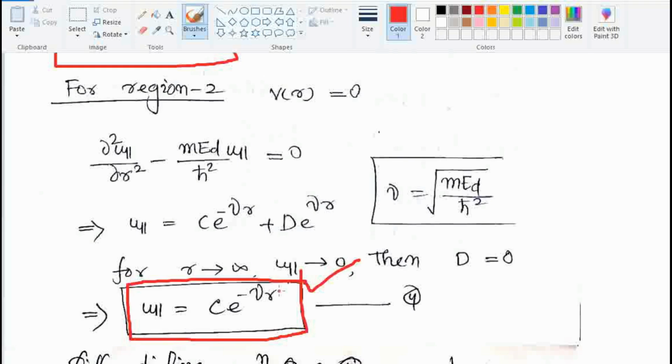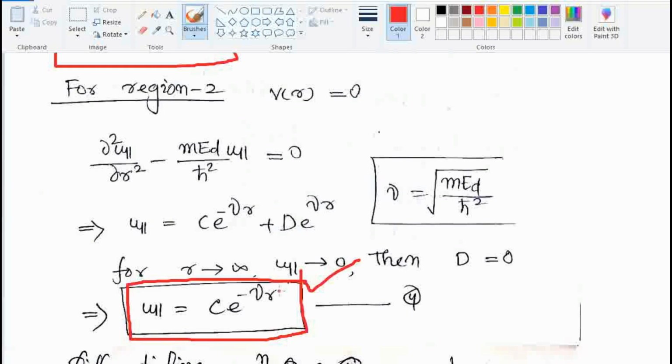These are the basic properties of the wave function, which you must have known when you read about the postulates of quantum mechanics. At r equal to infinity the wave function should be 0, because your particle cannot be spread in the whole universe. It is present somewhere in a point or in a space, and that space is not infinite.